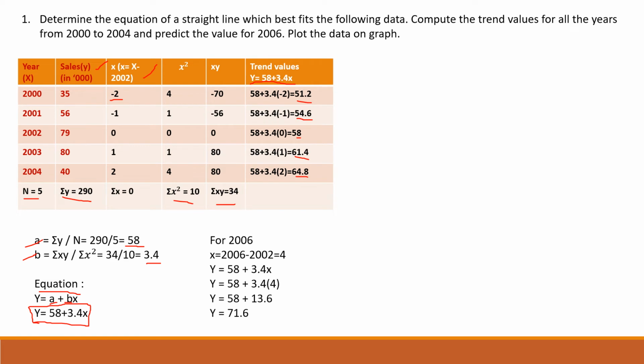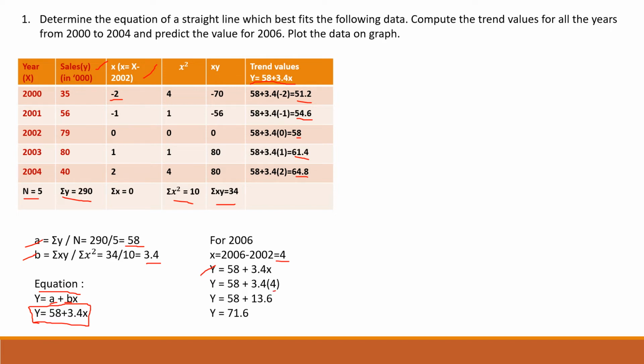For 2006, first we have to calculate the deviation for x. That is 2006, capital X, minus 2002, the origin, which equals 4. So small x equals 4, and we substitute x as 4 in the equation.